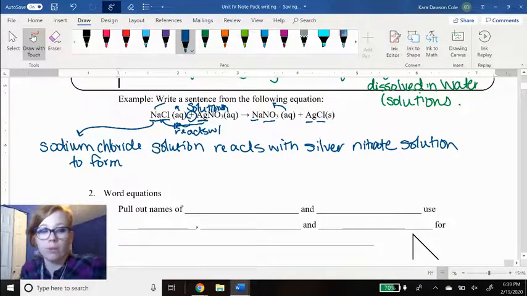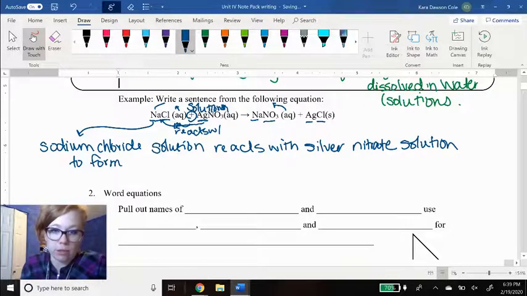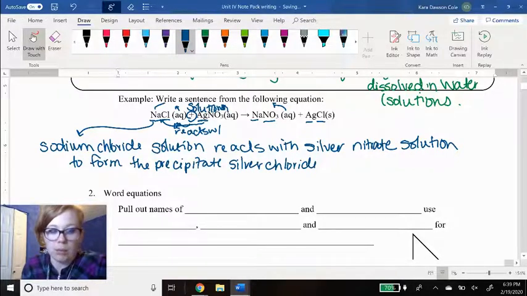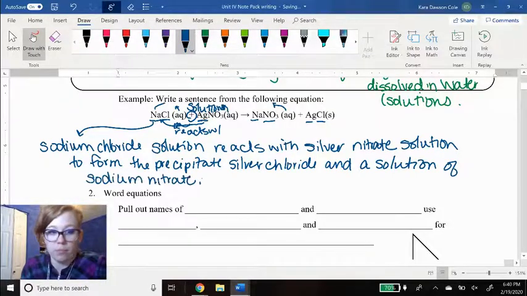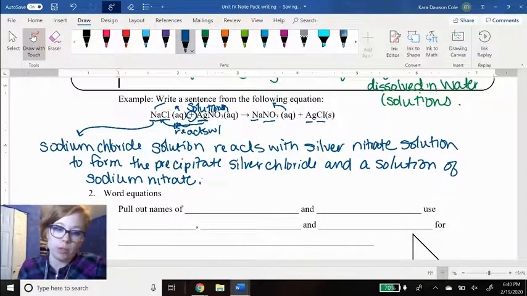So it's forming a precipitate of silver chloride. Precipitate tells me that it is a solid. And a solution of sodium nitrate. Okay, that's my sentence. Sodium chloride solution reacts with silver nitrate solution to form the precipitate, silver chloride, in a solution of sodium nitrate. That's it.